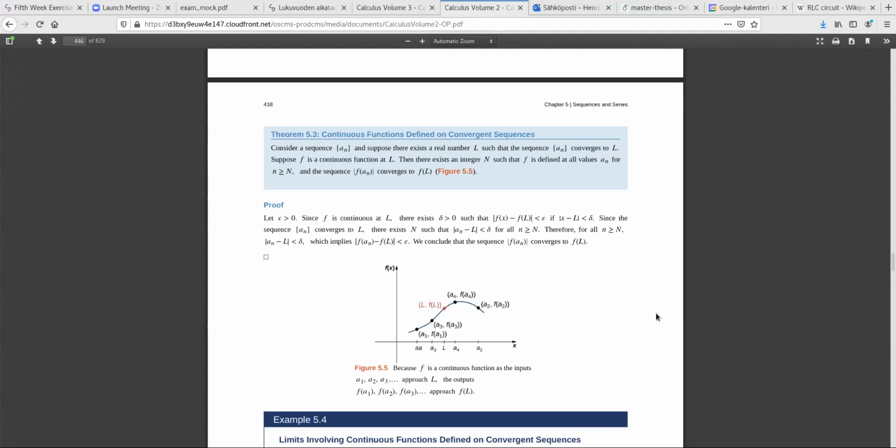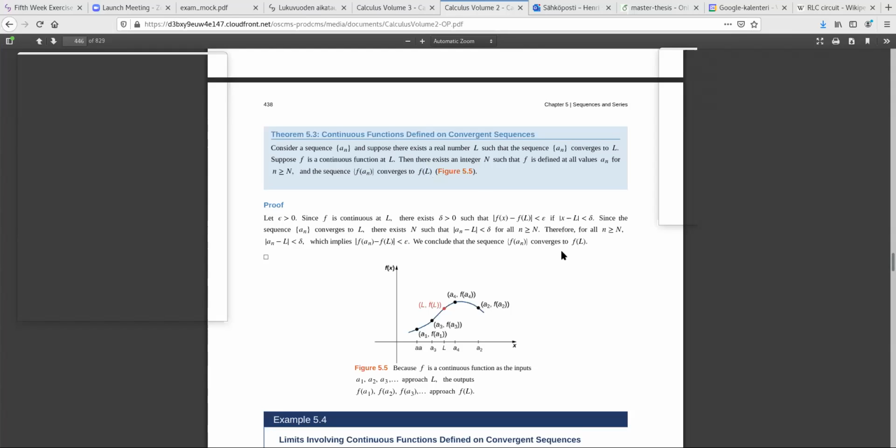That should be understood in such a way, not just that if one sequence, but if all sequences. Okay, let me rephrase this. If we have a sequence that converges to L and f is a continuous function, then f(a_n) converges to f(L).